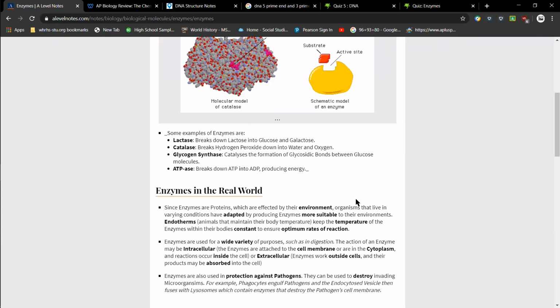The same thing is true with pH. So remember, pH is a measure of acidity: how many H plus hydrogen ions there are in the solution. So for example, in your stomach, right? The stomach has that gastric acid, which comes in at a pH of around 2, super, super acidic.